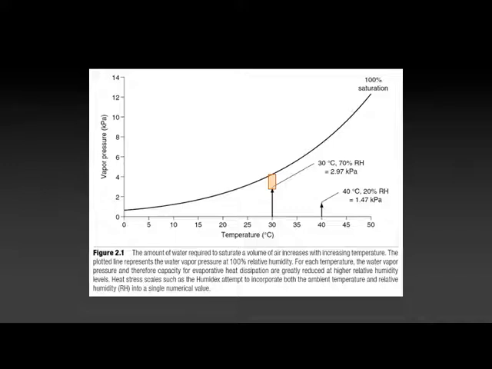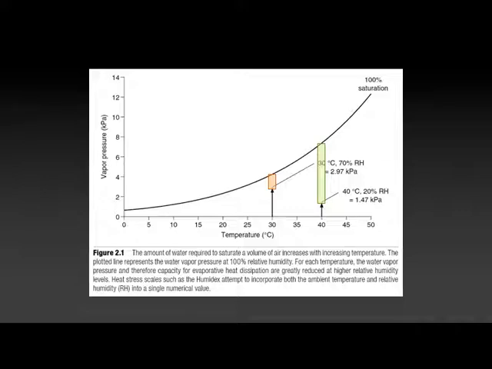Contrast that to a nice dry desert. Look at how much capacity we have to evaporate sweat from the body and lose heat to the surroundings. Even though it's higher than body temperature, we can still thermoregulate efficiently, and perhaps even more so than in this lower temperature first environment.